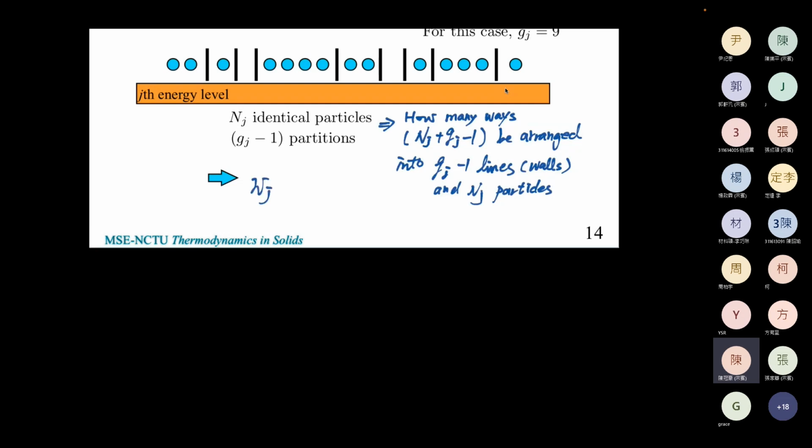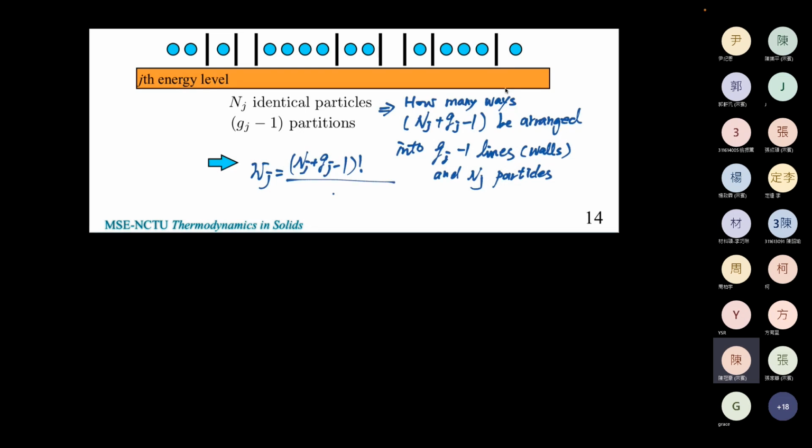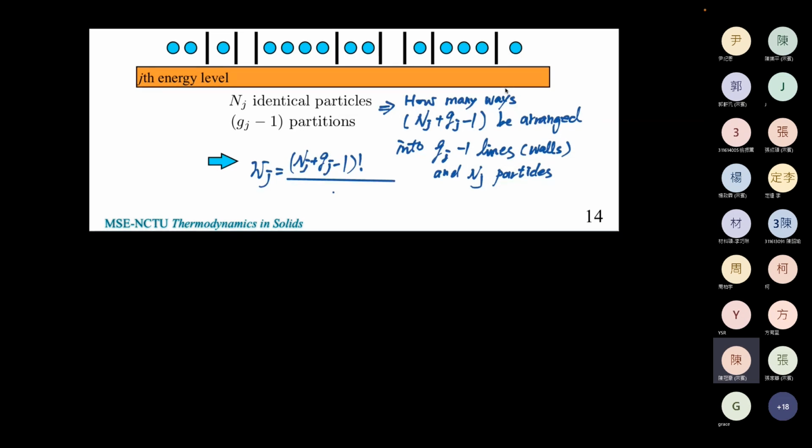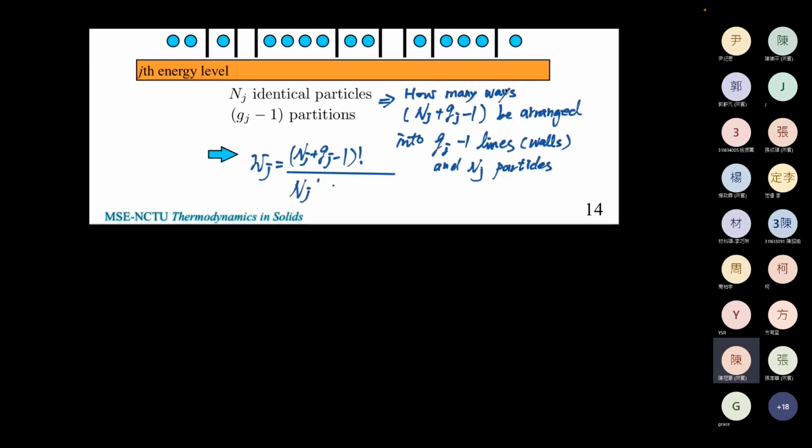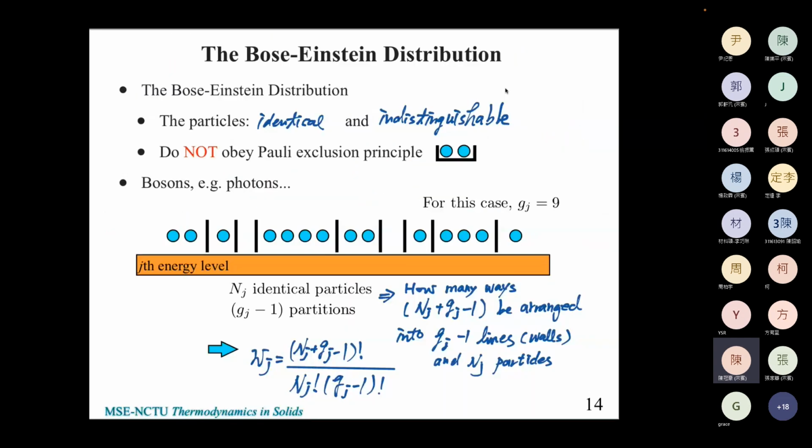so WJ equals (NJ plus GJ minus 1) factorial over NJ factorial times (GJ minus 1) factorial. So that's how we arrange partitions and the books in a bookshelf.